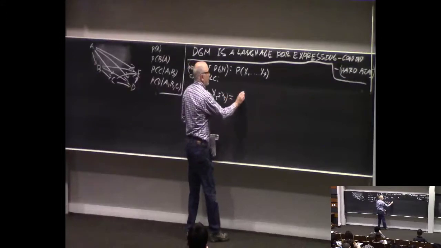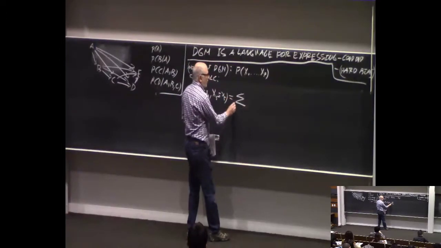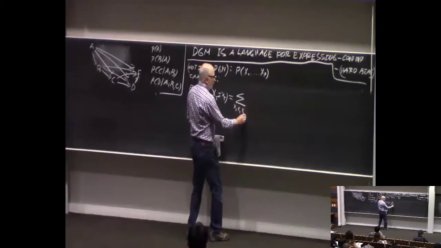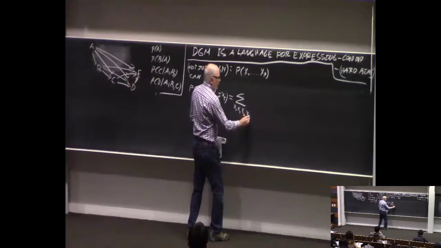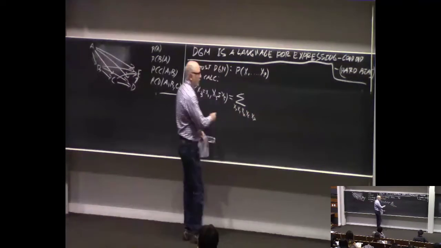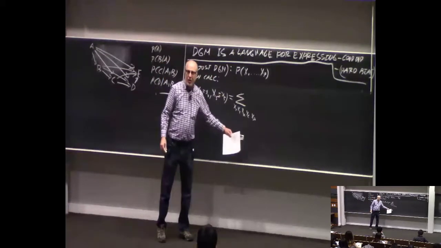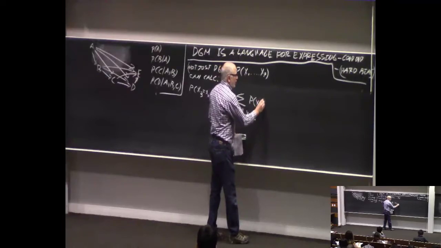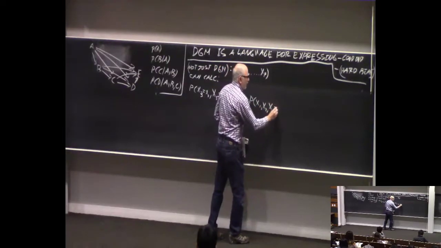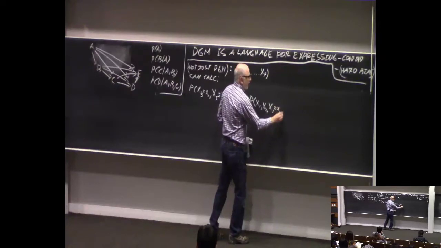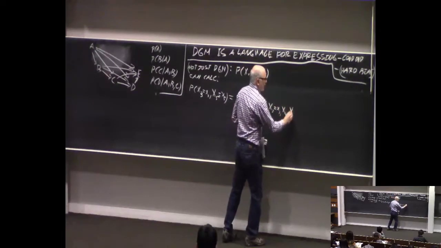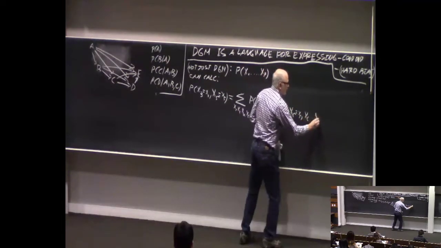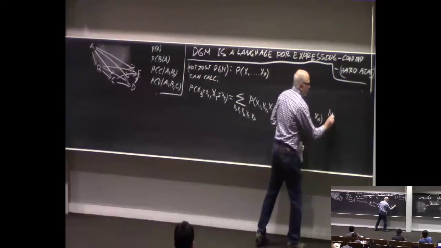Specifically, it would be a sum over all possible values of x1, x2, skip x3, x4, skip x5, x6, all the way to xp. So you sum over all possible combinations of the other variables of this joint: x1, x2, x3 equals the specific value that we gave it, x4, x5 being the specific value, x6, xp. Okay, this is called marginalization.